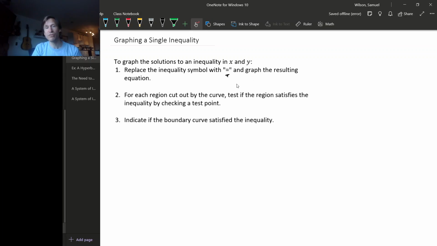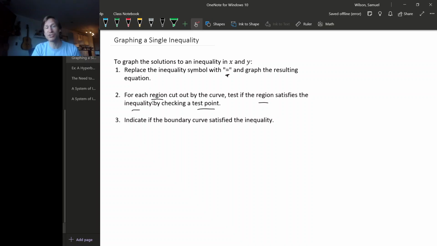The resulting curve will split the xy plane up into some regions, maybe 2, maybe 3, who knows. But for each region, we will test if that region satisfies the inequality just by plugging some test point in to the inequality, some test point that we've chosen from that region.